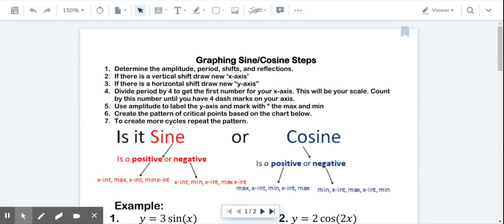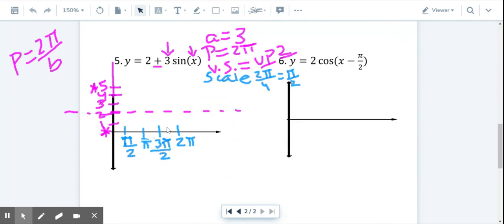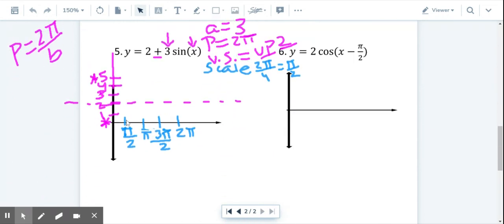So let's go up to the top, create the pattern based on the chart below. So it is a sine function. A is positive. So we're going to follow x-intercept, max, x-intercept, min, x-intercept. So when I say x-intercept now, normally this is an x-intercept right along my x-axis. But when I graph this x-intercept, we have to graph it up 2. So 1, 2. So that's why we have this dotted line.